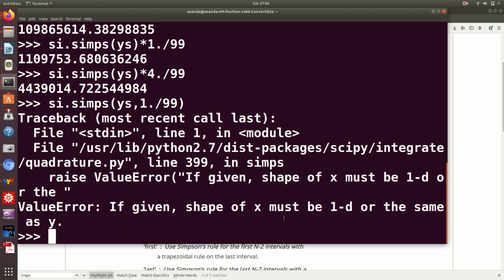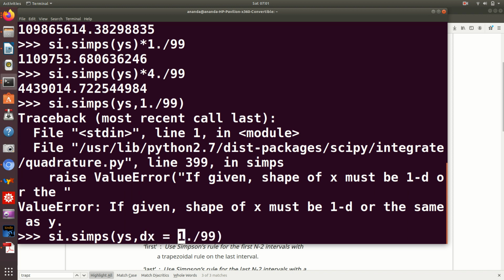What I have given actually is a number. Now how do I actually manage to give the dx value? That seems like a bit of a catch-22 situation. dx will be needed only if x is not given, but if I don't give x and try to give dx, Simps apparently assumes that what I have given it is x. And of course, this is an error.